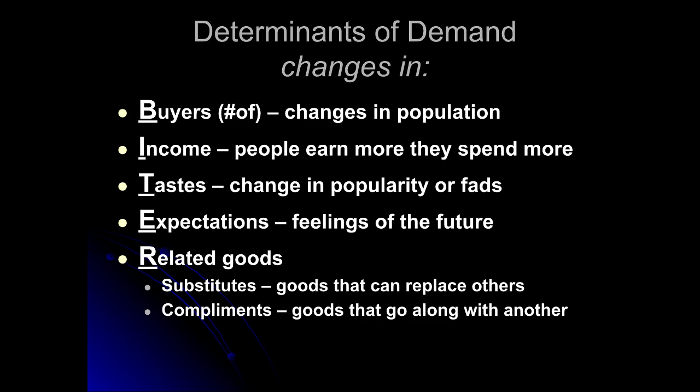Peanut butter and jelly, cookies and milk, all these kinds of things go together well, like cell phones and cell phone chargers or pop sockets. Things that go together. If demand for one good goes up, demand for the other will go along with it.